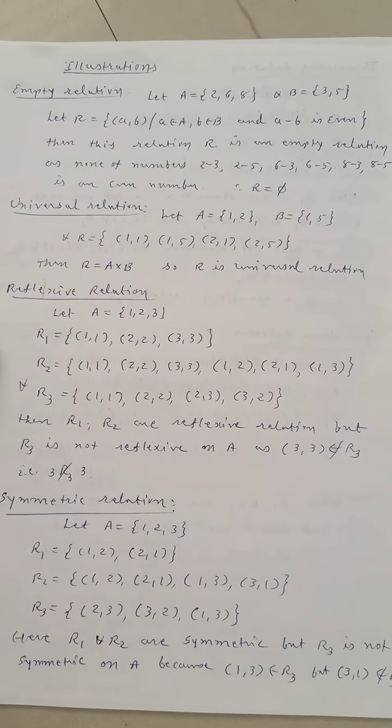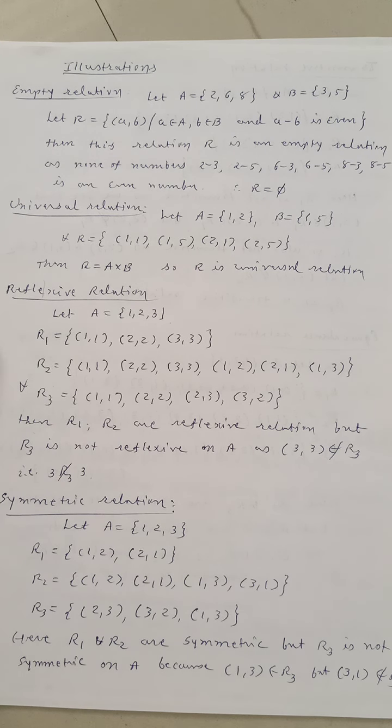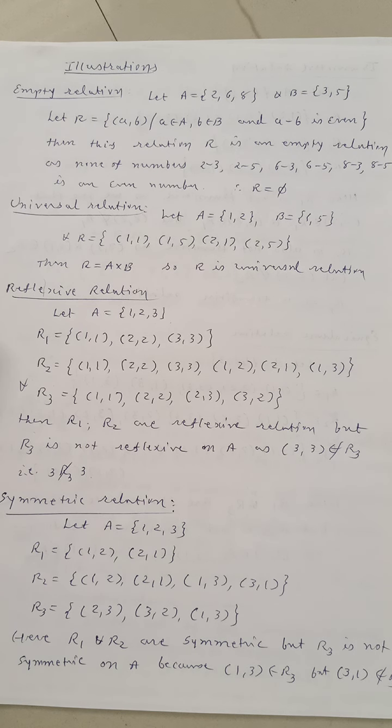Now think yourself: set A is {2, 6, 8}, B is {3, 5}, and relation R, when we have an (a, b) element, you choose a from set A, b from set B, and what difference a minus b? Even. Now what can you think here?